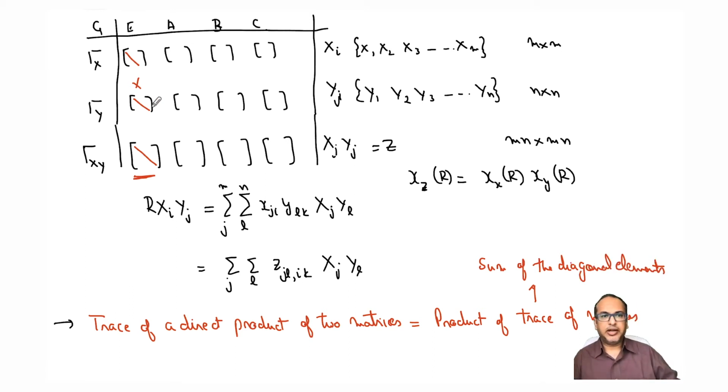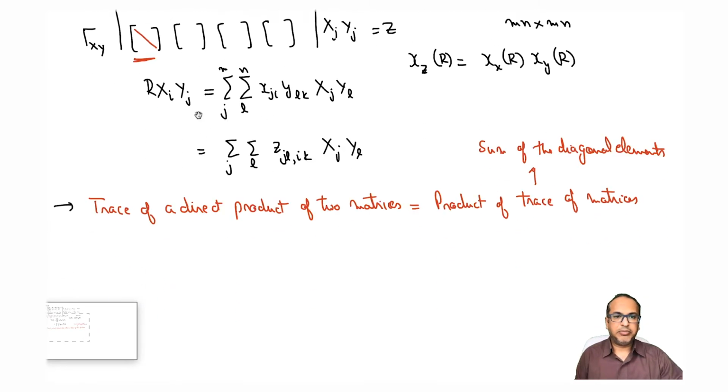So carrying out the multiplication of the two matrices to obtain a direct product is not as trivial, and working with traces is much better, because we will show that the trace of a direct product of two matrices is equal to the product of the two traces. Okay, now let's see how we get that.